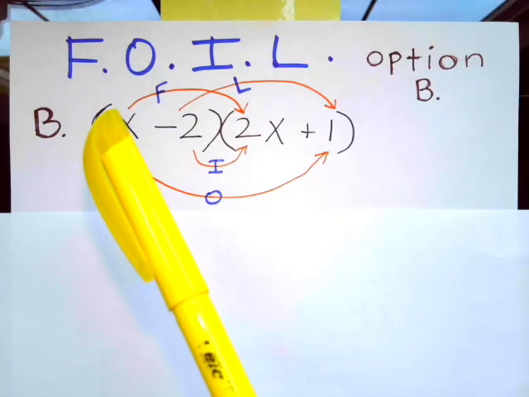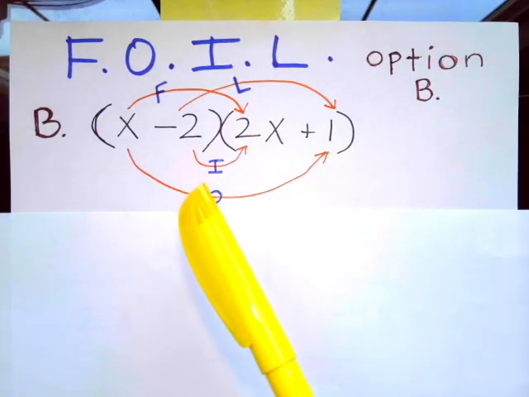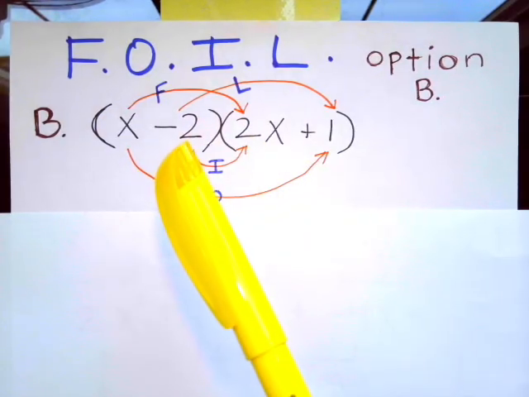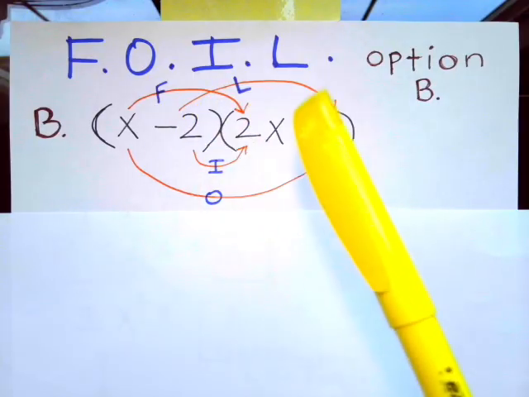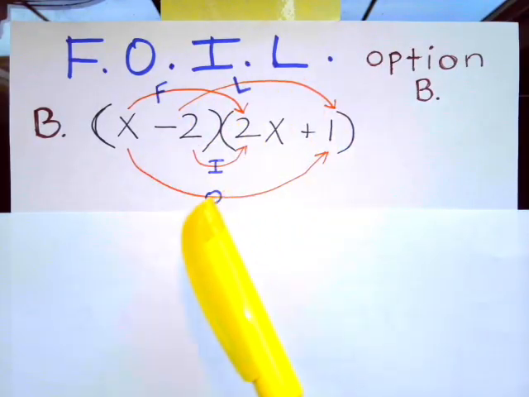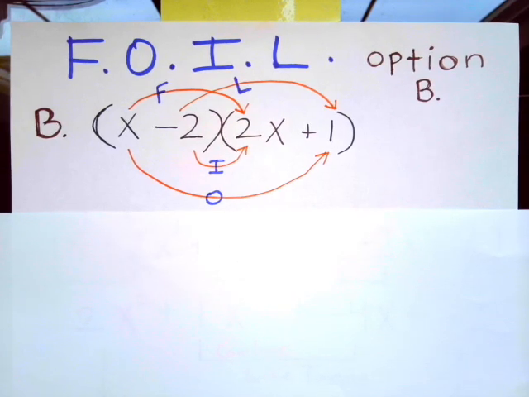Here I'm just going to be drawing the F, the O, the I, and the L. Again, two eyebrows, a nose, and a mouth, to remind you of what terms you need to multiply in order to correctly complete the FOIL: first, outer, inner, last.